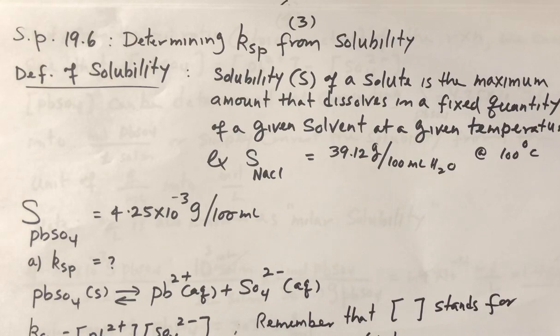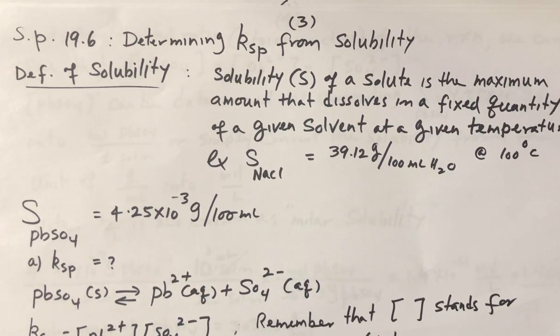Again, it's the maximum amount of the solute that can be dissolved in a given quantity of solvent or solution that we refer to as the solubility of that solute. This is just an example of what a solubility is.